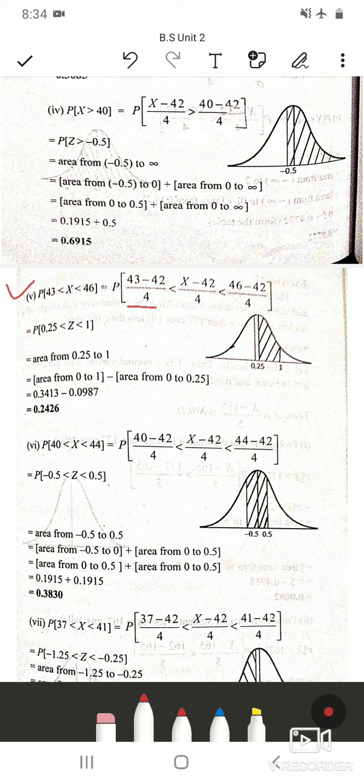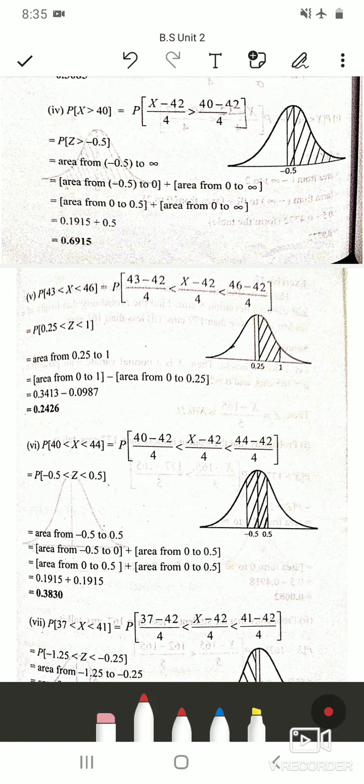So it will be (43 minus 42) by 4 is less than (x minus 42) divided by 4, which is less than (46 minus 42) by 4. This turns out to be 0.25 is less than z, and z is less than 1. So we got the probability of z lying between 0.25 and 1.